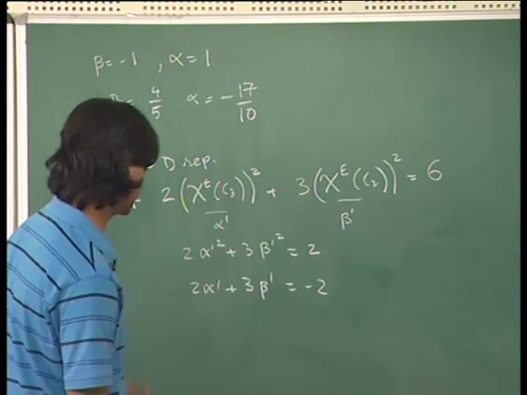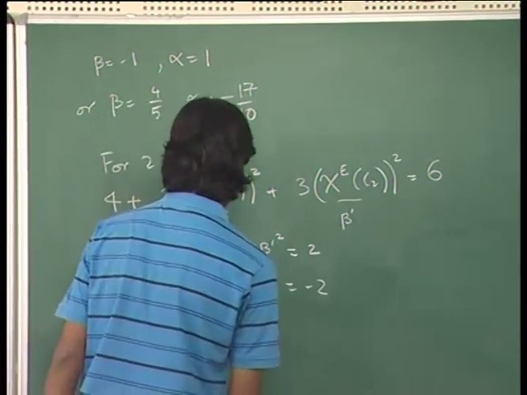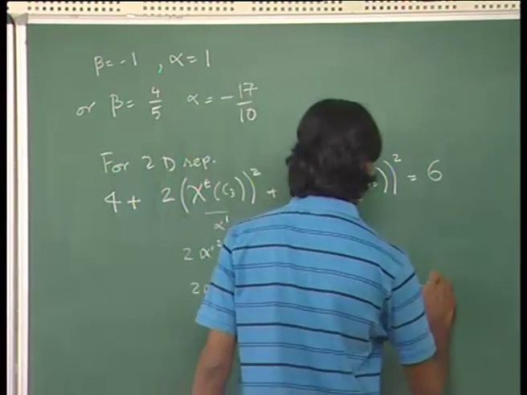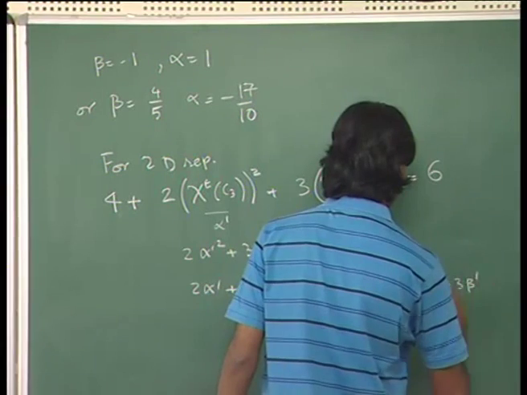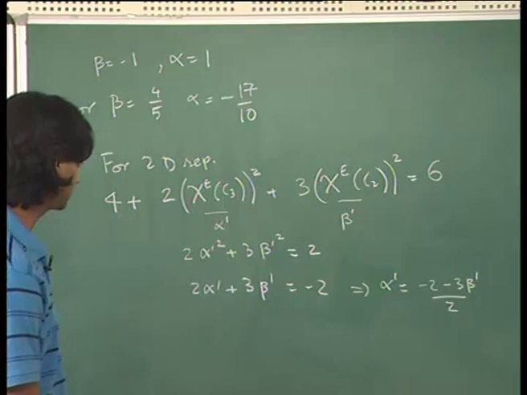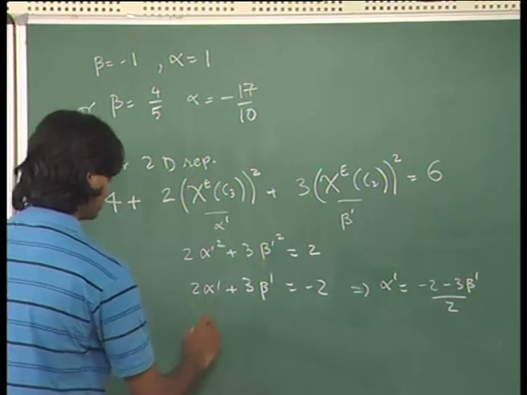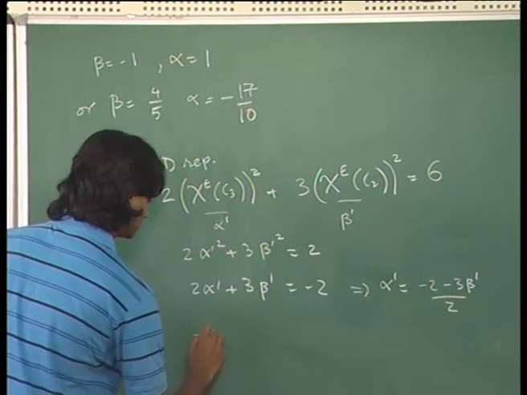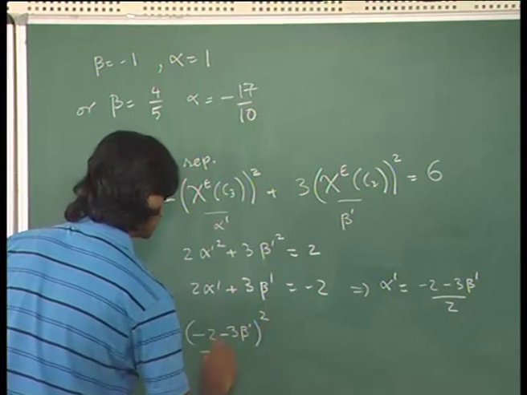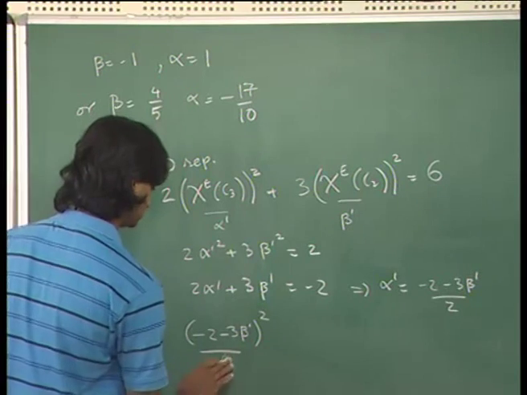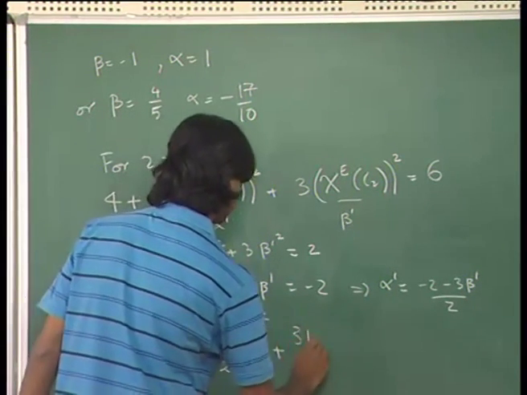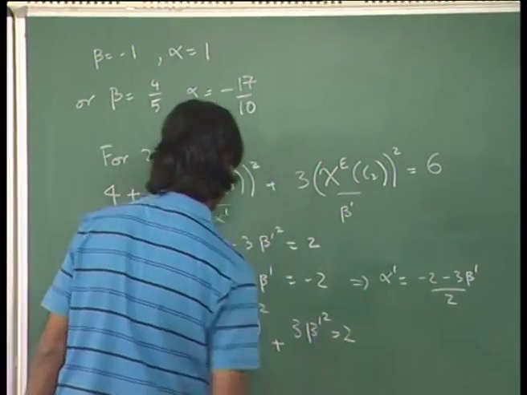So, what you will get is alpha prime equal to minus 2 minus 3 beta prime by 2. Okay. And if you substitute in here, what you will get is, divided by 2, plus 3 beta prime square equal to 2.